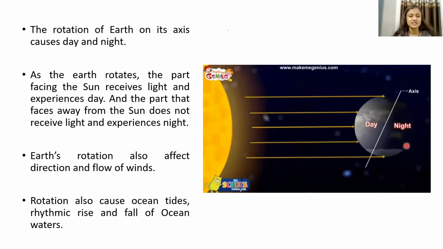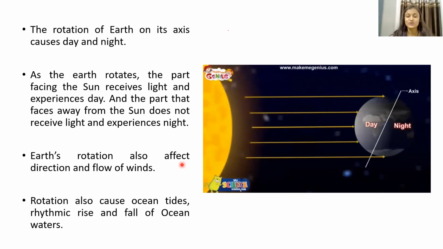Now see, Earth's rotation also affects the direction and flow of wind. As Earth rotates, the direction of wind is also affected by its rotation. Next, rotation also causes ocean tides, the rhythmic rise and fall of ocean water.